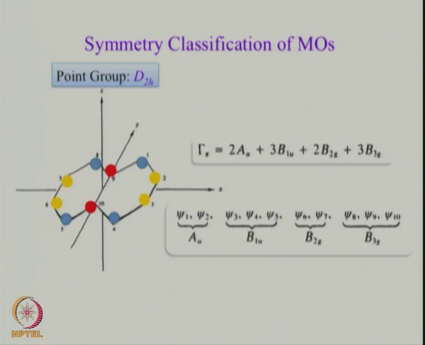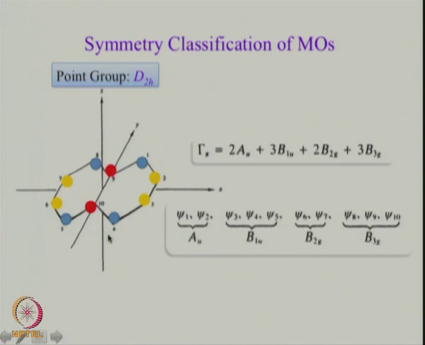Will you agree with me that 9 and 10 form a group? You perform C2, let us say C2z, what happens? And let us work with p orbitals. P9 becomes P10, P10 becomes P9. What happens when you apply sigma x? P9 becomes minus P10, P10 becomes minus P9.